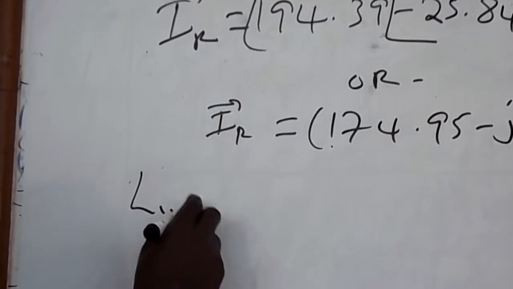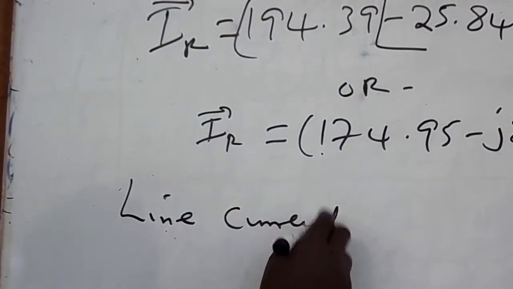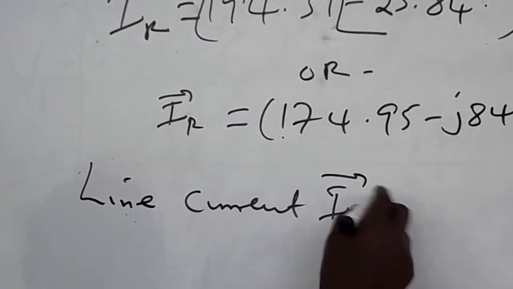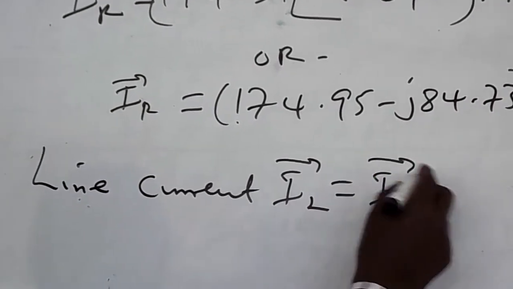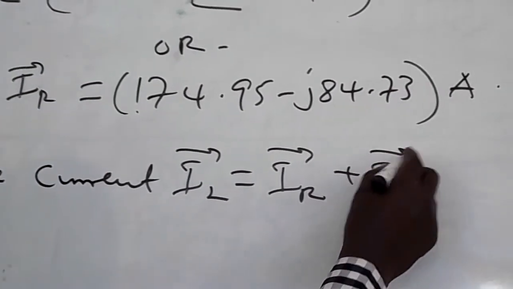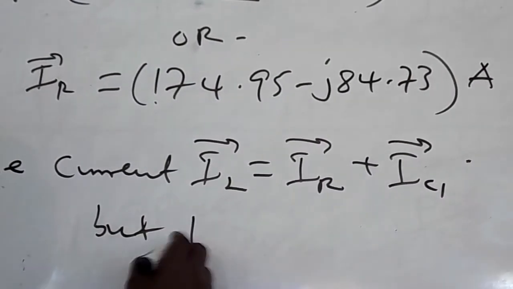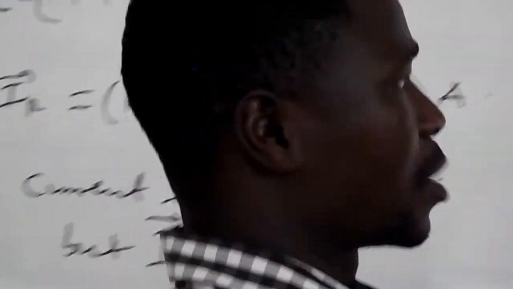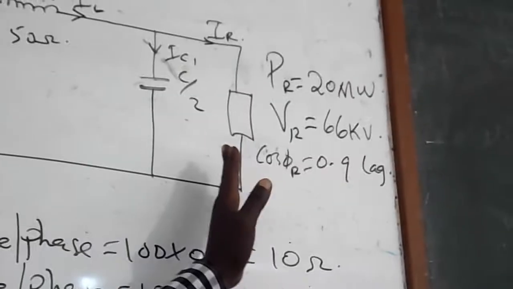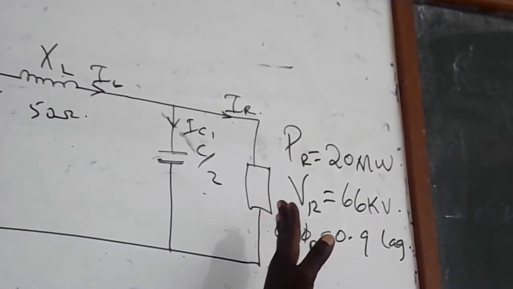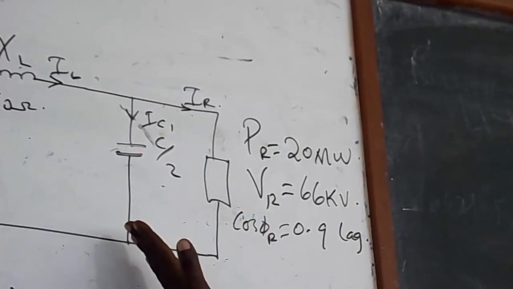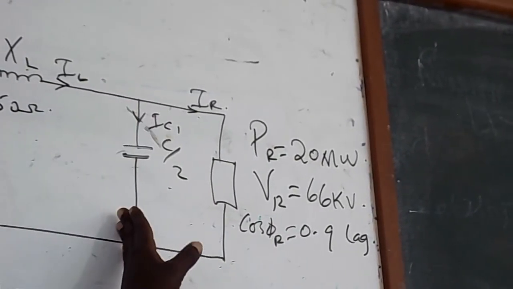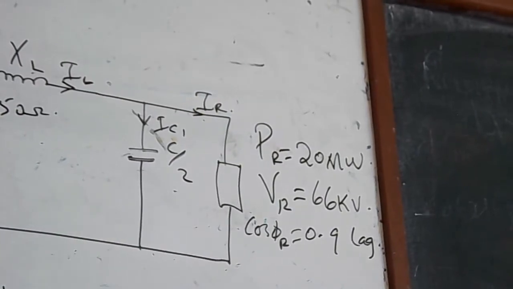So that now we can say that line current IL is equal to IR plus IC1. But IC1 is parallel with the load, and therefore the voltage is the same. So the voltage across the capacitance at the receiving end is the same as the receiving end voltage.